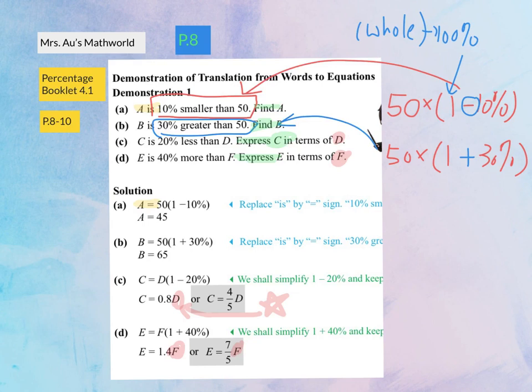So C and E will be the things we are going to find. We can say it's the subject. In English, the subject means what we are going to find. The subject will be C in part C and E in part E.